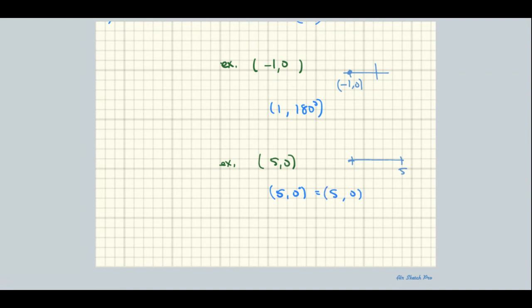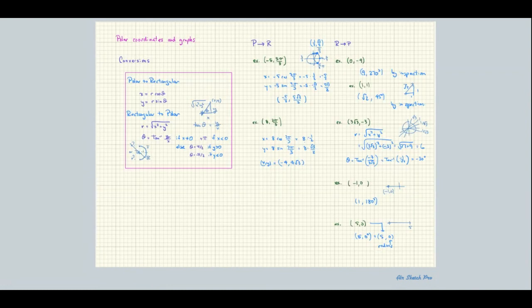In radians especially, where there are no degree measures, the coordinates along the positive x-axis are the same in rectangular and polar. That's kind of an interesting little thing to check.